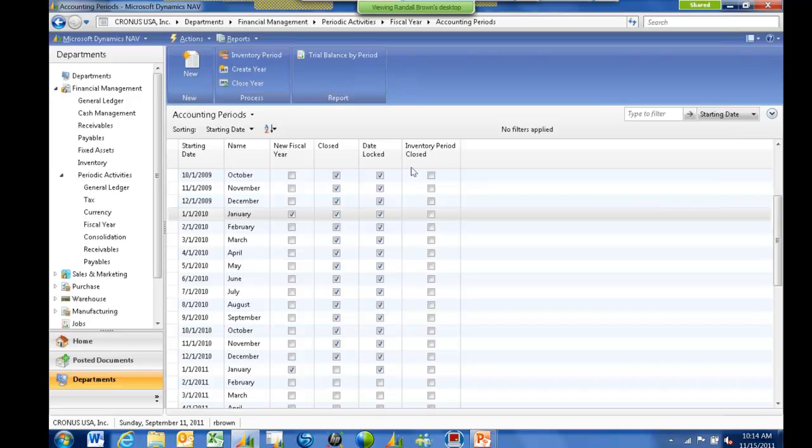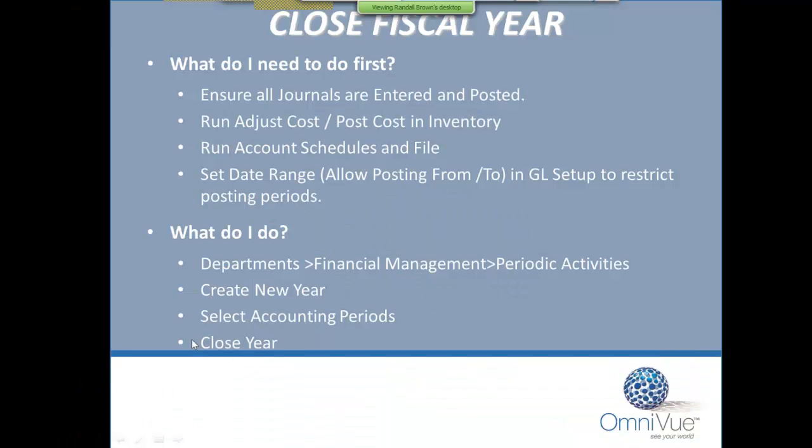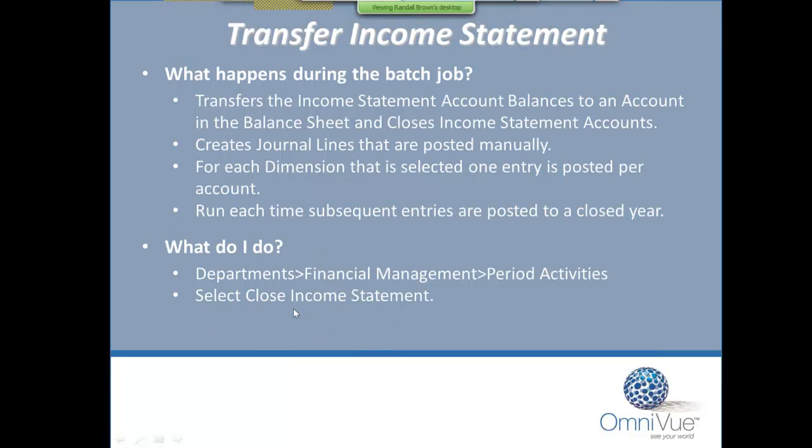So from this point forward, any entry that we create is going to be notated with a C in front of it, denoting that it is a closed period entry. So that's really all it takes to actually close the year.